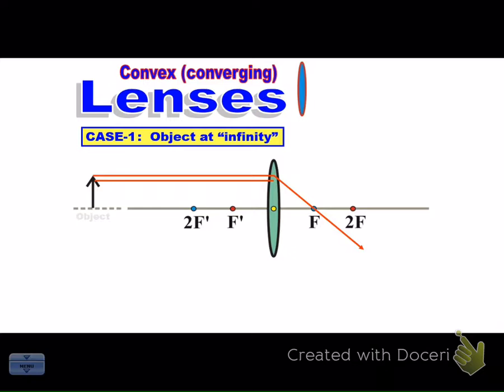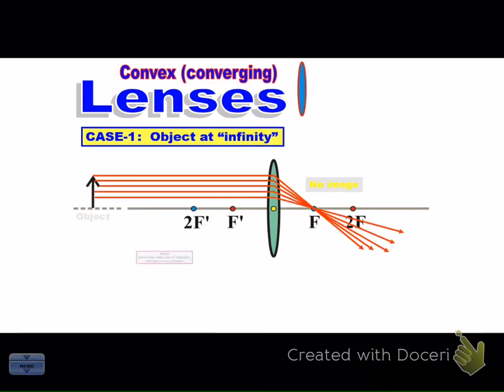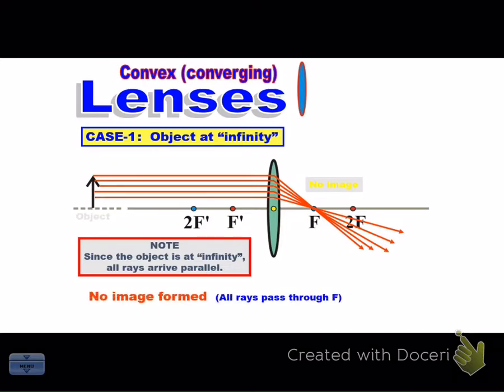All right, we're going to begin with putting our object very, very far away. As you can see here on the animation, all the light rays incoming are parallel. They're going to be bent toward the normal, and they're all going to come out and pass toward the focal length. And since that focal length is actually on the principal axis, there's no change in height.